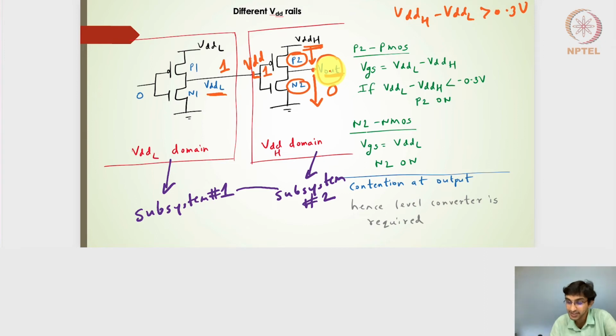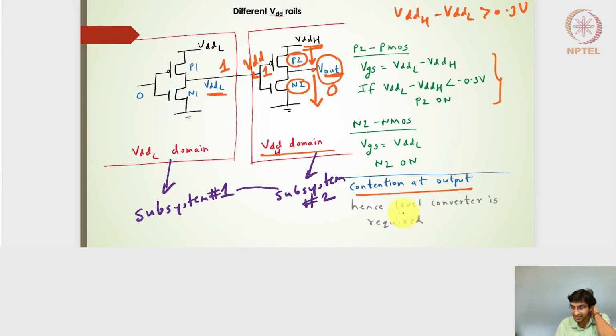The same thing has been written here: I will have a contention at the output. Contention means the output node voltage in the Vdd-H domain is pulled up by the P2 transistor as well as pushed down by the N2 transistor, and that's why it is called a contention at the output, and unnecessarily power is being dissipated in subsystem module number 2.